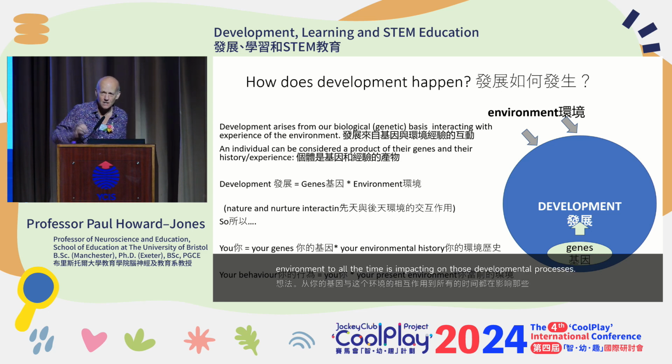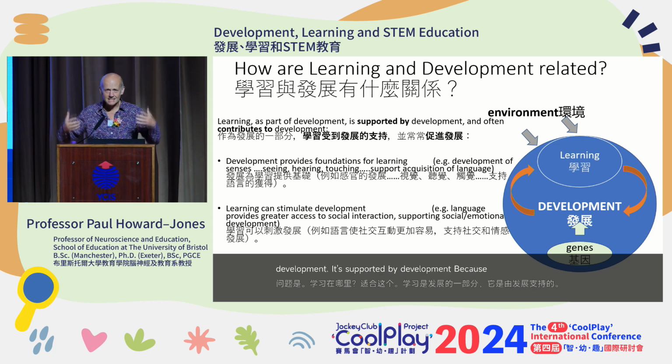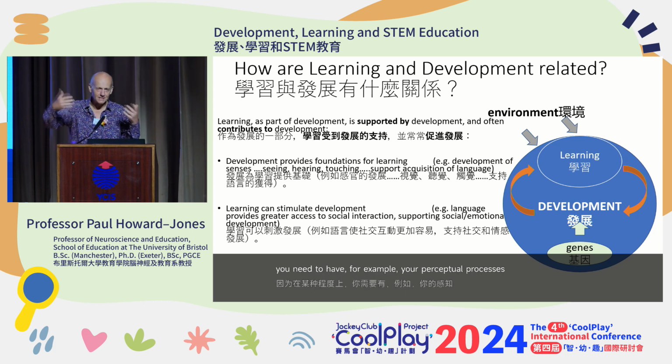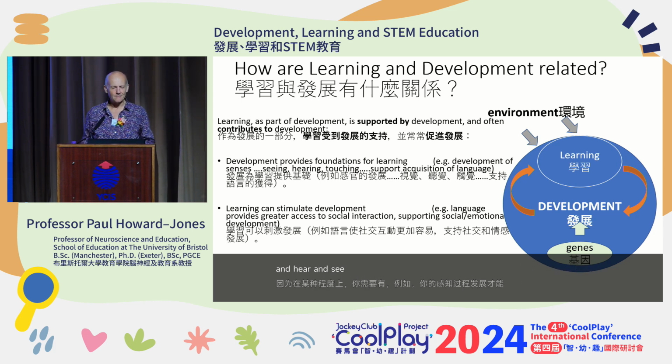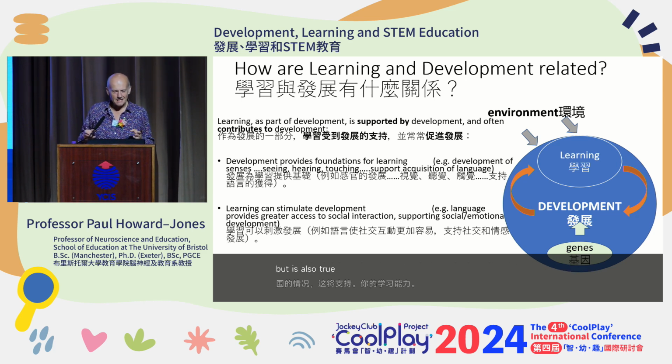So the question is, where does learning fit into this? Well, learning is a part of development. It's supported by development because, to some extent, you need to have, for example, your perceptual processes develop in order to be able to listen and hear and see around you, and that's going to support your ability to learn. But it's also true that learning can stimulate development.